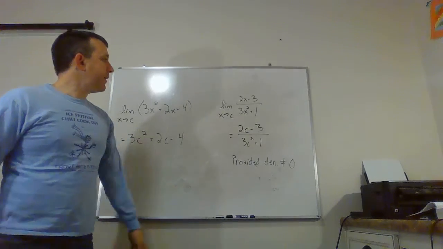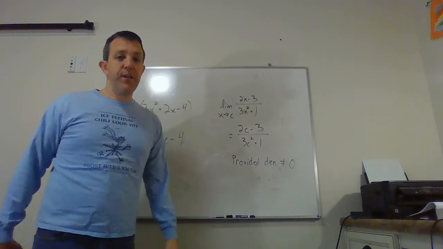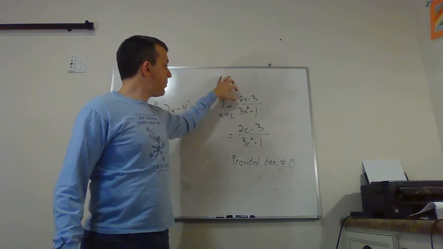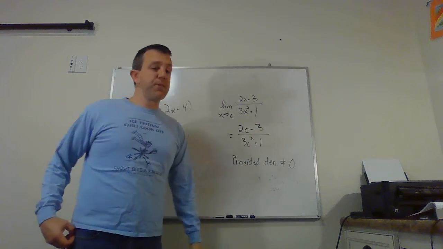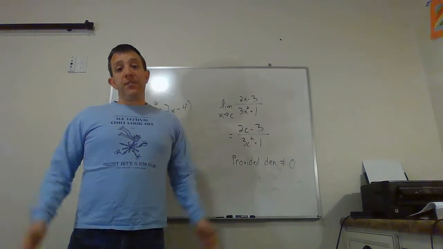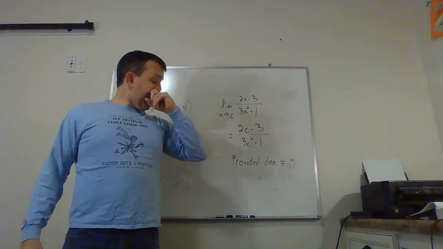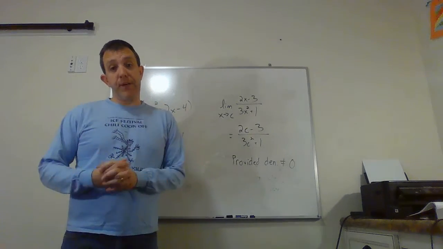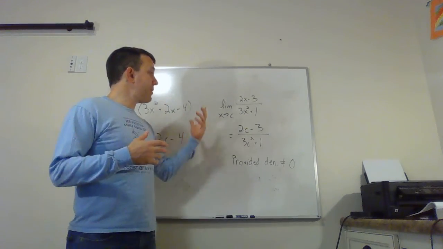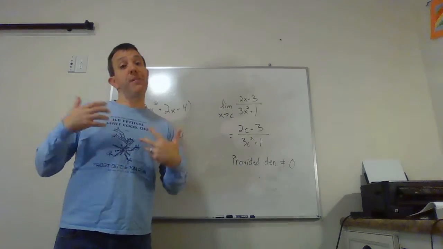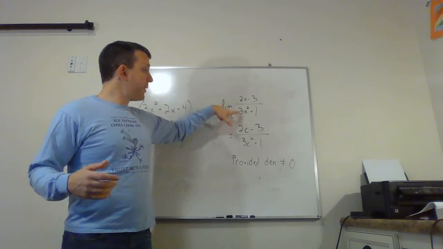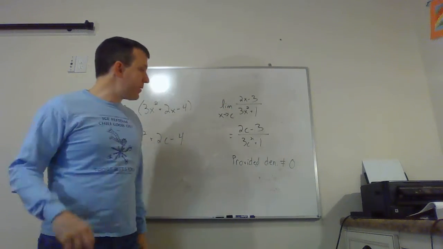And secondly, here's a rational function. The limit as x approaches c of 2x minus 3 over 3x squared plus 1. As long as that denominator is not 0, all the same stuff is true. This is just a combination of powers and addition and subtraction. We have division this time, and multiplication by some constants.